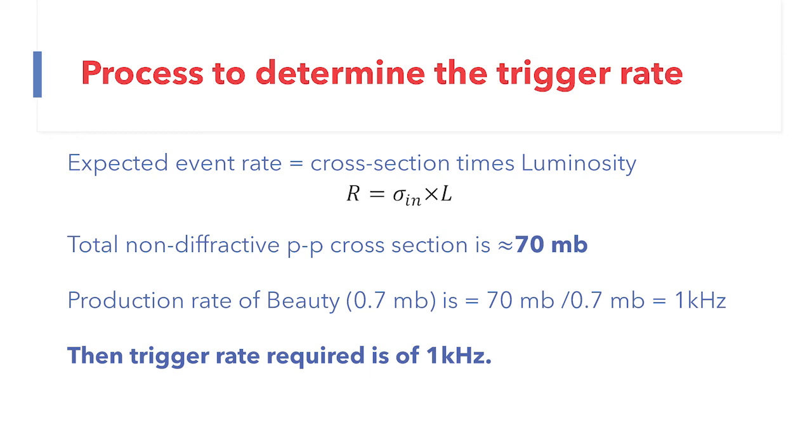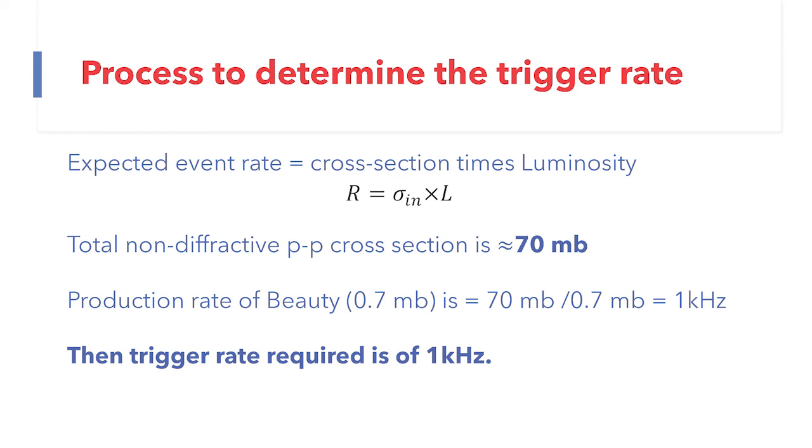So using this very simple calculation, that is division of the total cross-section by the production cross-section of the beauty particle, we get the trigger rate that is required to acquire this beauty particle signal. So it's very easy to calculate, but the challenge comes when you go into the Higgs particle.